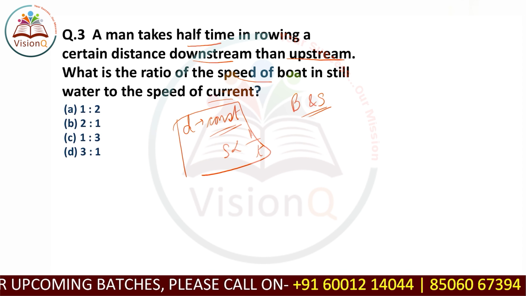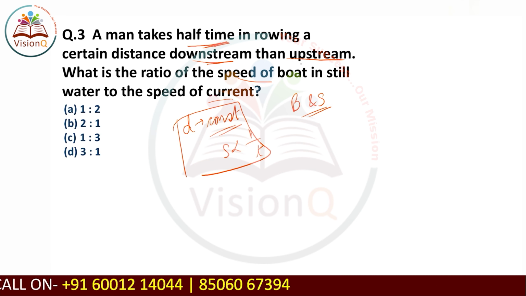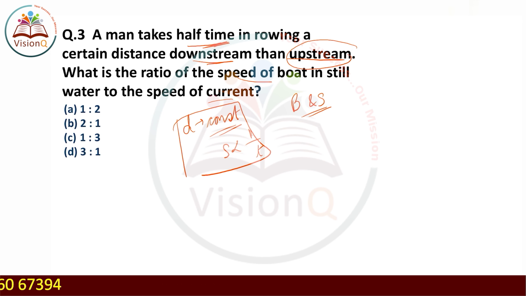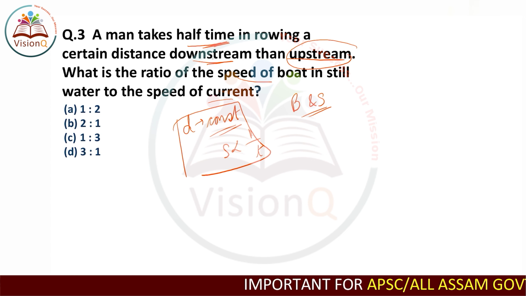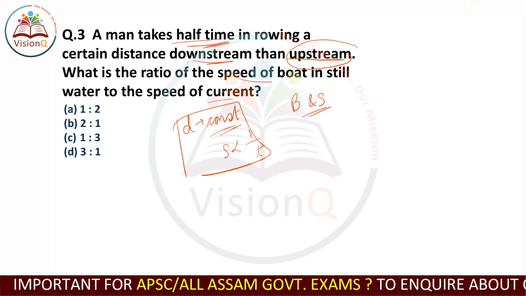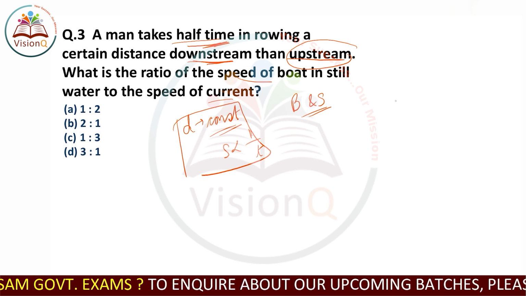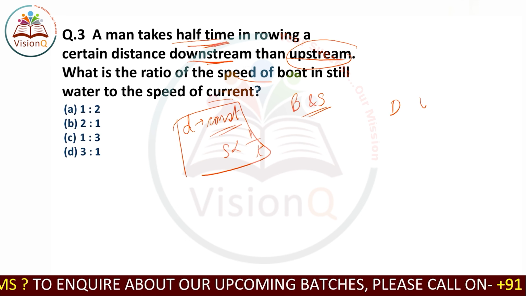Now in this case, the man takes half the time to row a distance downstream than to row the same distance upstream. Distance is constant obviously in this case, isn't it? So if distance is constant, speed and time are inversely proportional. From this first sentence, you can find the ratio of the time in downstream and upstream.